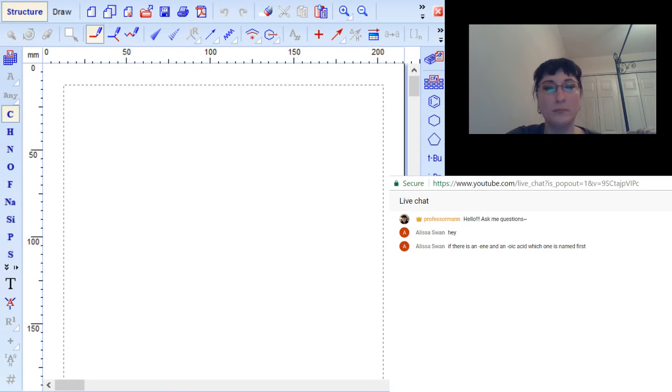Good question. So I'm going to actually type this into the chat box. So there's alkane, right? And if you had an alkane with a carboxylic acid, I'm adding spaces for clarity here, right?